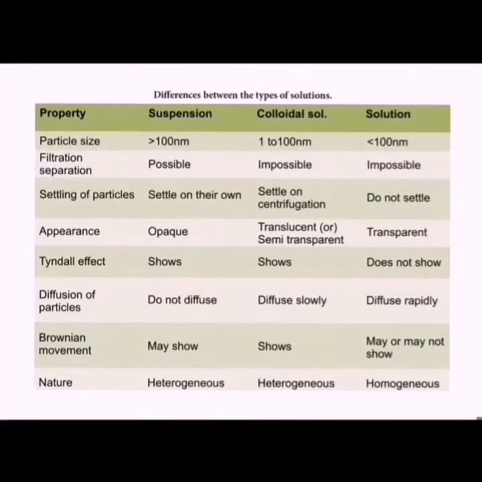Now, shall we see the differences between the types of solutions based on their properties? The first property is particle size. The particle size of the suspension is greater than 100 nanometer, the particle size of the colloidal solution is between 1 to 100 nanometer, and the particle size of the solution is less than 1 nanometer.